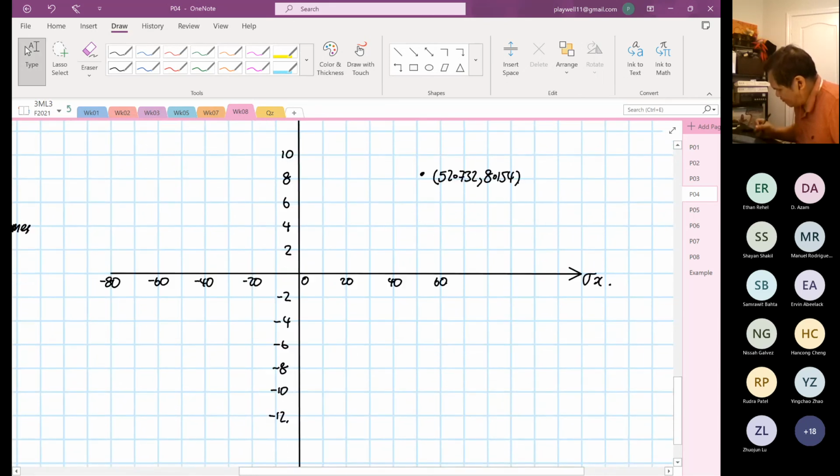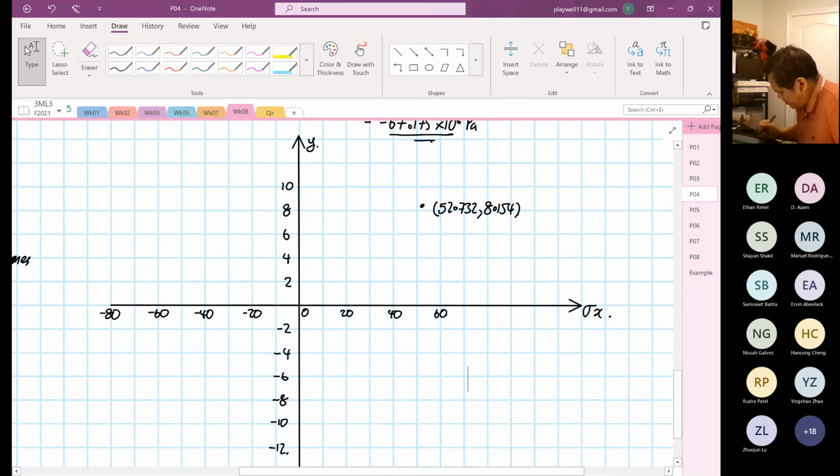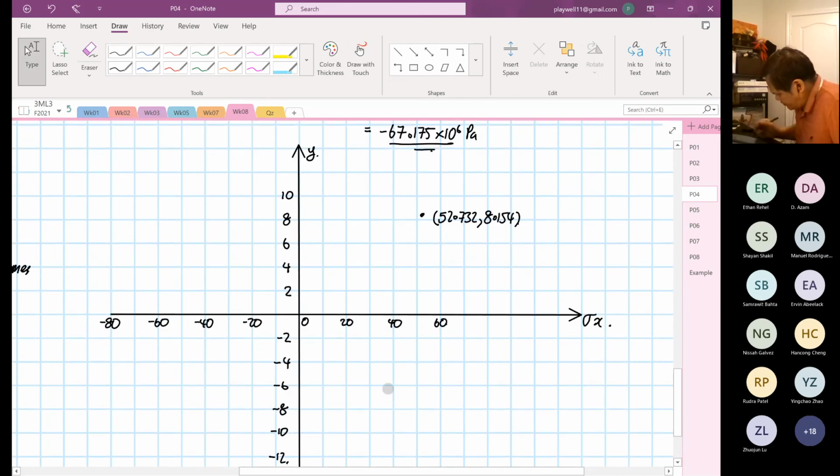Then our next one is at 11.846, and it's at minus 67.175. I'm going to eyeball this.